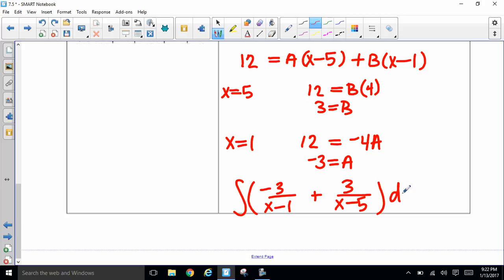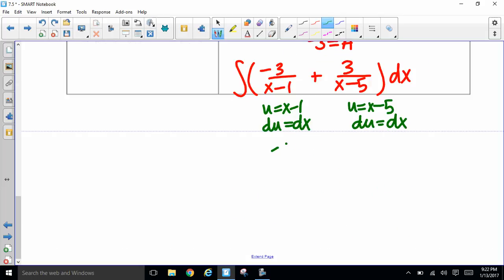Those are technically u-subs. They're going to go to natural log, so show as much or as little work as you need. If u is x minus 1, du is dx. If u is x minus 5, du is also dx.